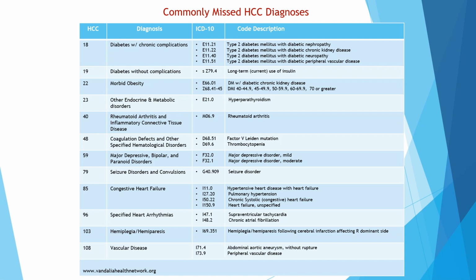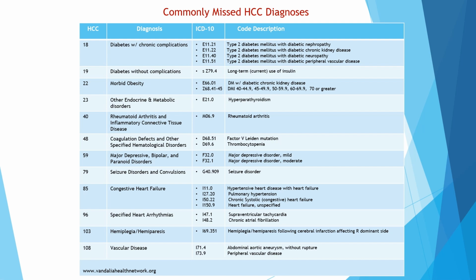Diagnosis is hemiplegia, hemiparesis. ICD-10 code and description is I69.351, hemiplegia, hemiparesis following cerebral infarction affecting right dominant side. HCC 108. Diagnosis is vascular disease.